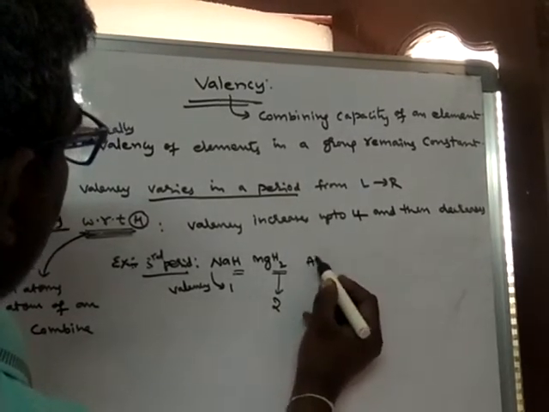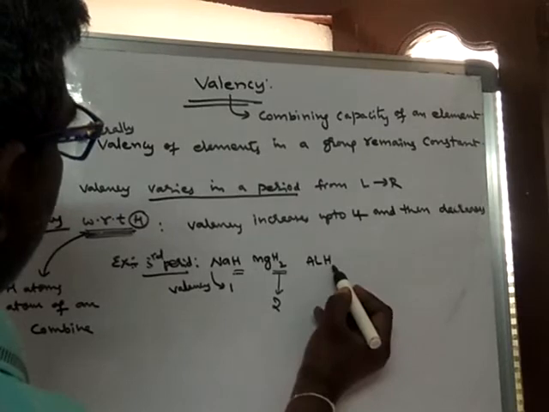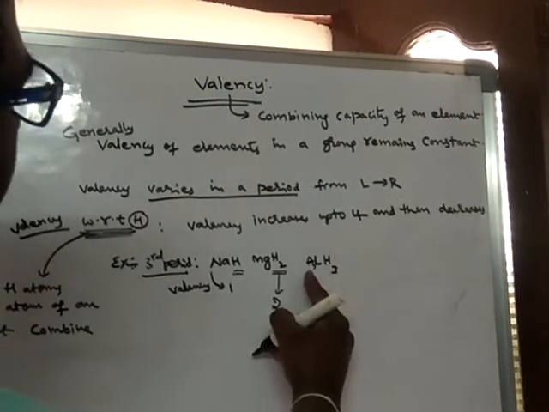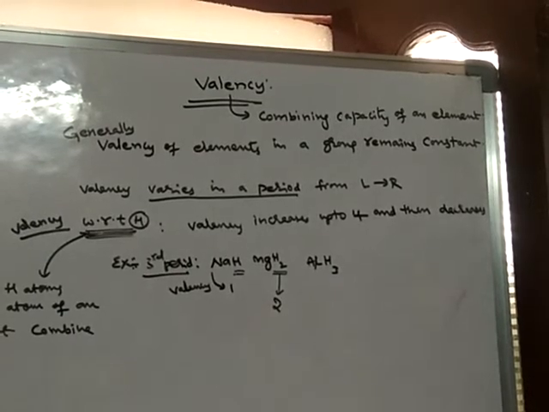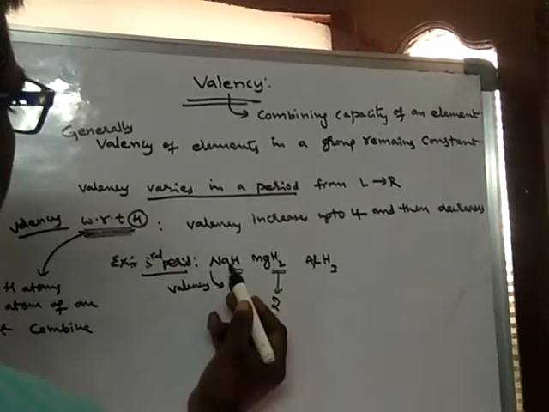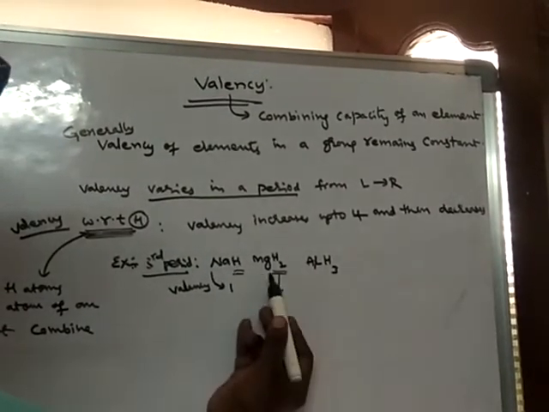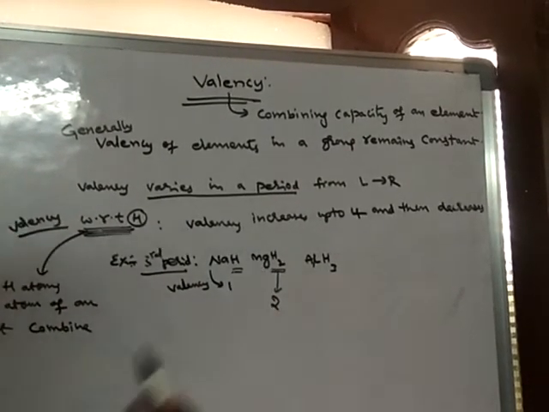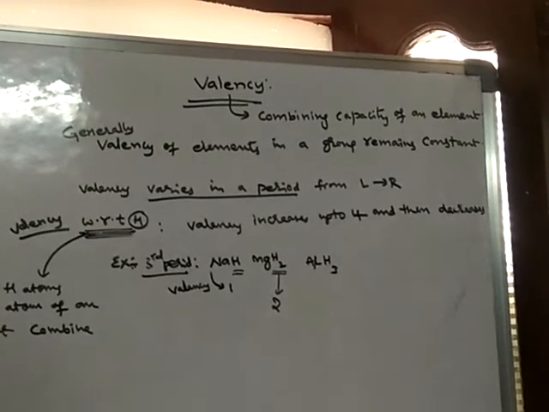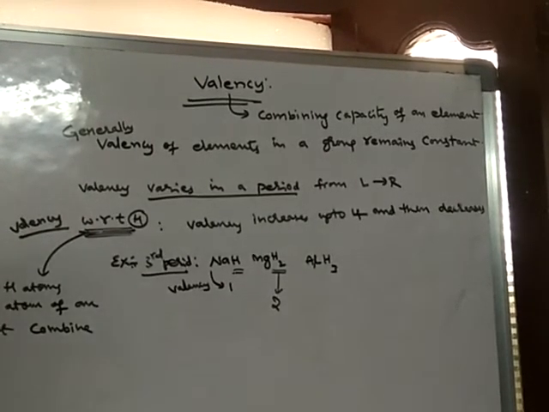The next element is aluminum. The hydride of aluminum has the formula AlH3. Sodium forms the hydride NaH, magnesium forms MgH2. One magnesium atom can combine with only two hydrogen atoms, hence its valency is 2.